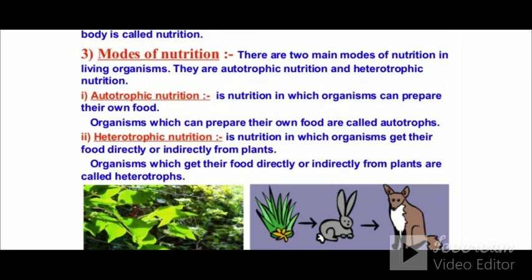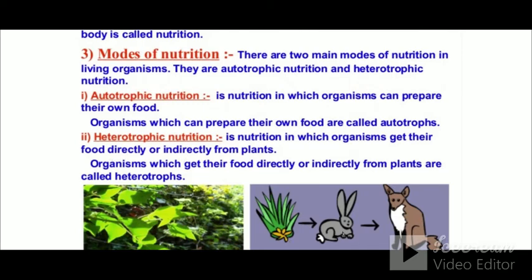They just need sunlight and water from an external source, and they make carbohydrate from it and store it as starch. Heterotrophic is the mode of nutrition in which organisms get their food directly or indirectly from plants.